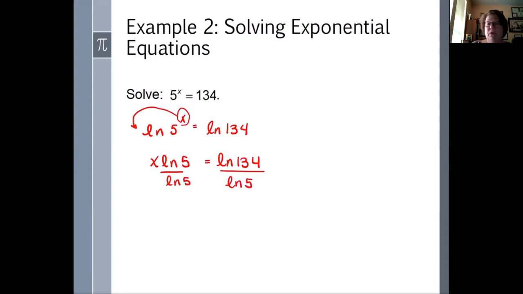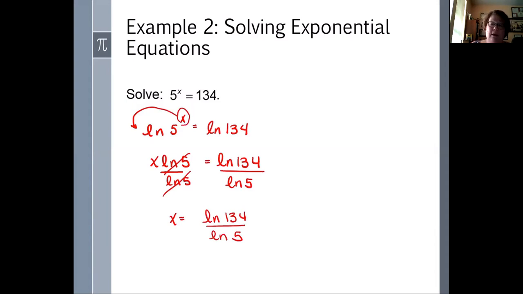All right, so now the natural log of 5 cancels on the left-hand side, and I'm left with x equals the natural log of 134 divided by the natural log of 5. That's just a number.